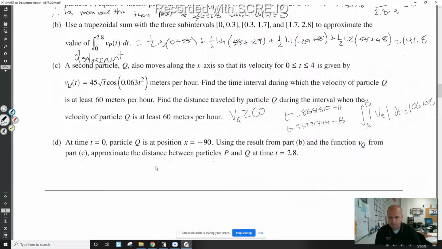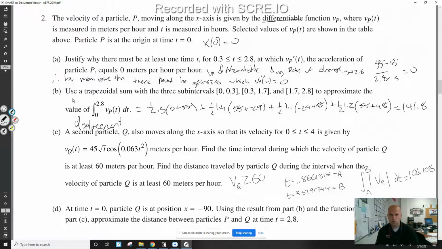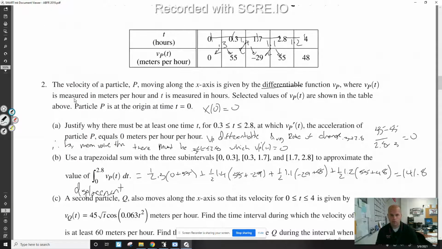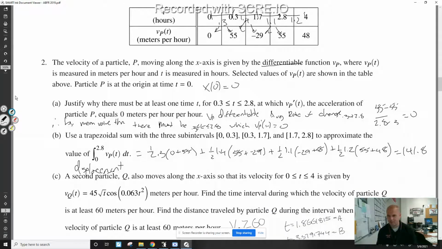Okay. At time 0, the particle Q is at position -90. Use the result from part B and the function v of Q from part C to approximate the distance between the particles P and Q at time 2.8. Okay. Hold the phone. Oh man, look at what they just did.